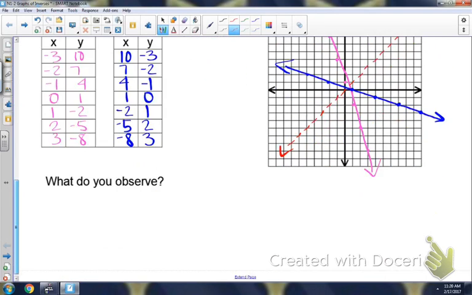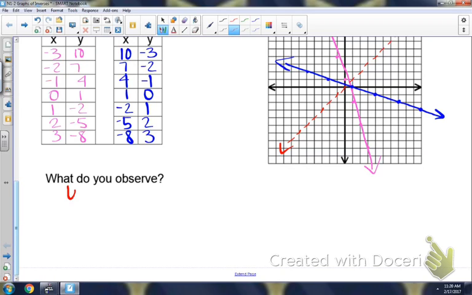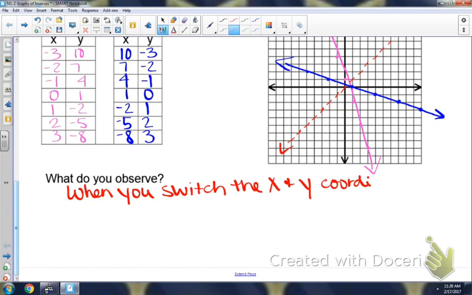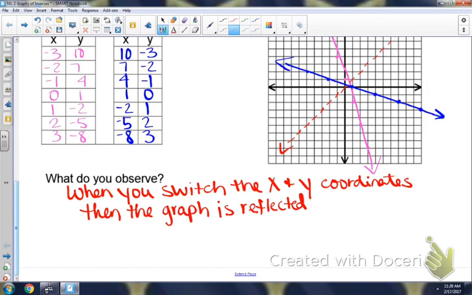So that's what we're going to put where it says what do you observe? So when you switch the x and y coordinates, then the graph is reflected across the line y equals x.